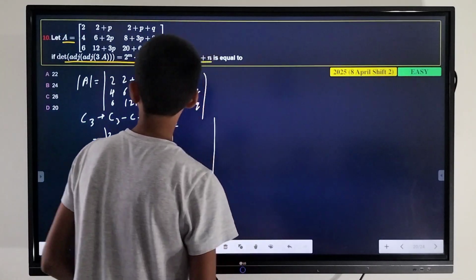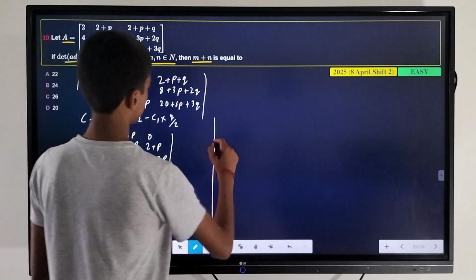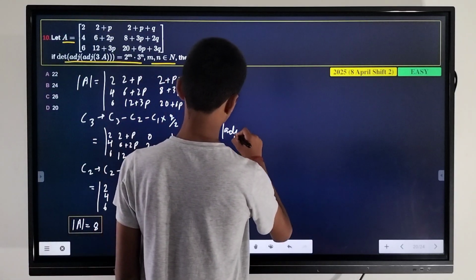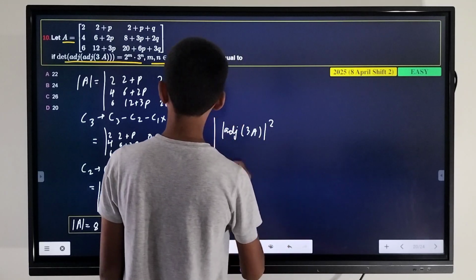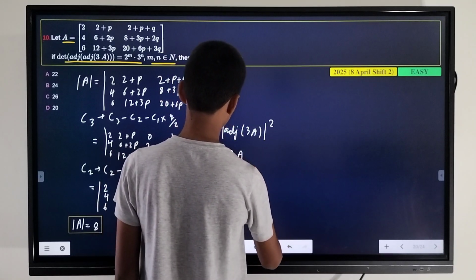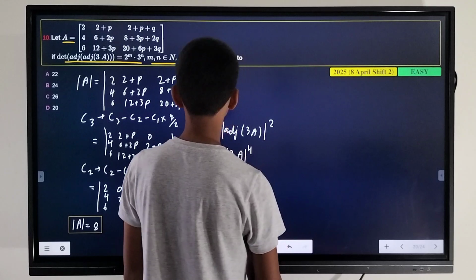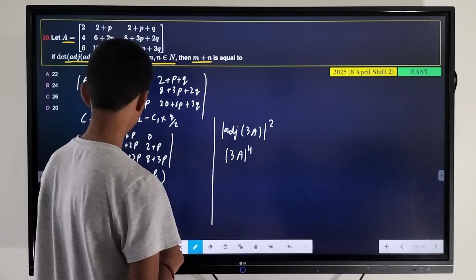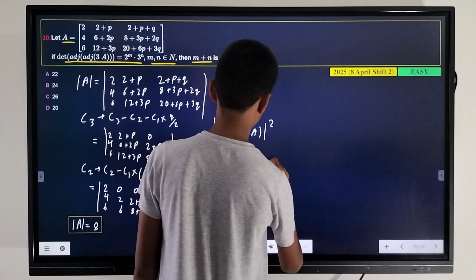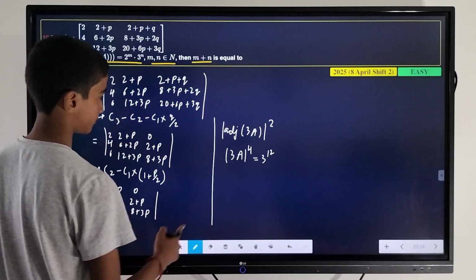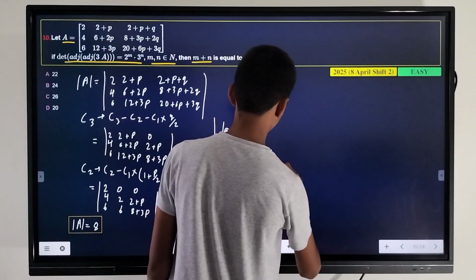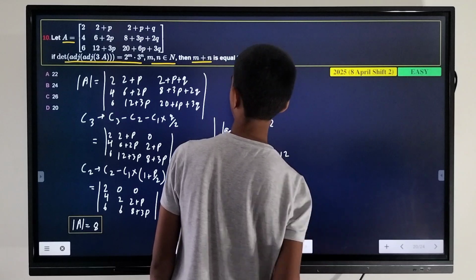Now we can find this expression. We can write it as adjoint of 3A square, 3A raised to power 4. So this is equal to 3 raised to power 12, and 8 is 2 cube. 2 cube into 4, so 2 raised to power 12.